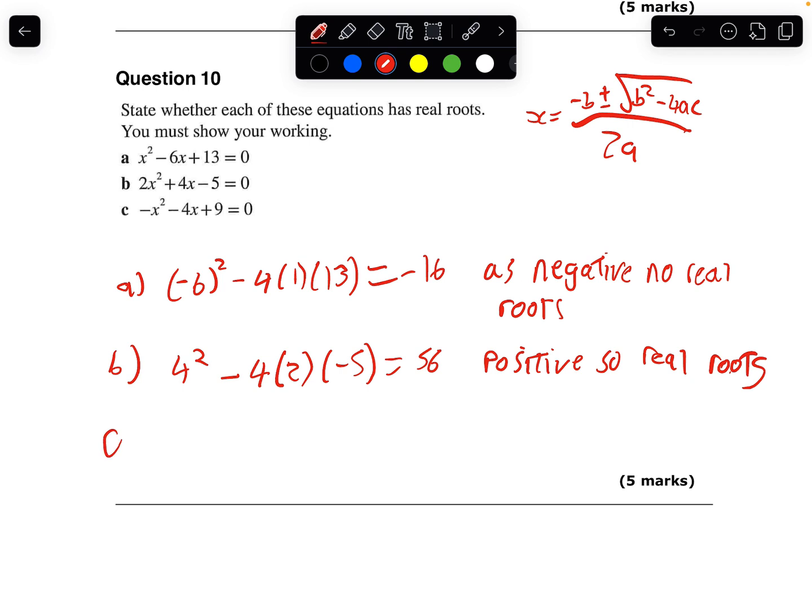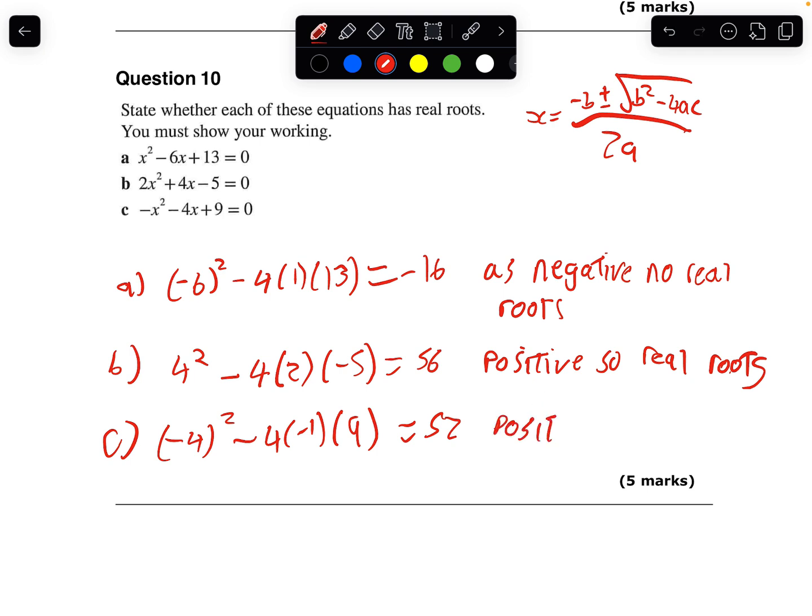And same idea for the final one. We're going to do minus 4 squared minus 4 times minus 1 times 9. You should be able to tell that this is positive already because we're going to get 16 plus something. But let's just do it. 16 plus 36 is 52. And once again, positive. So it has real roots.